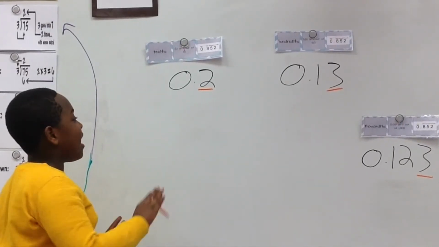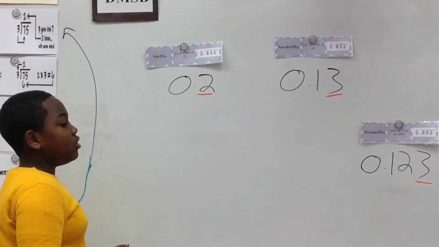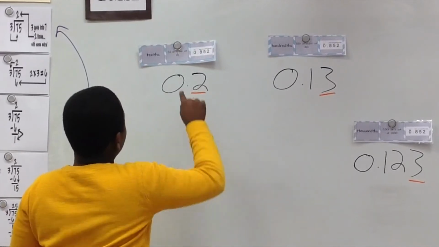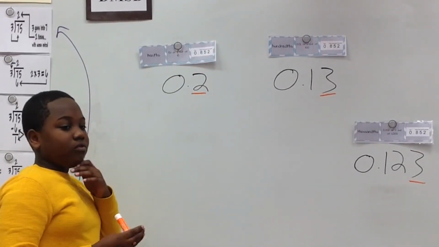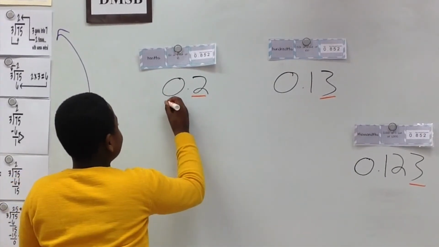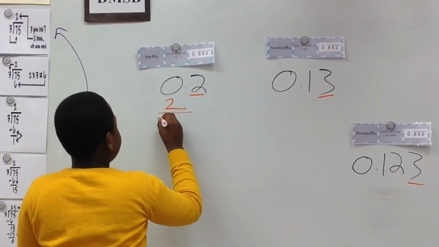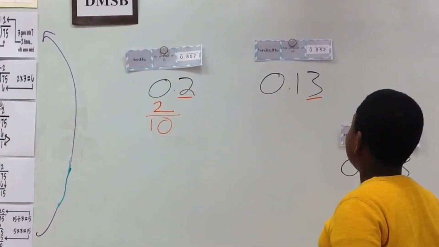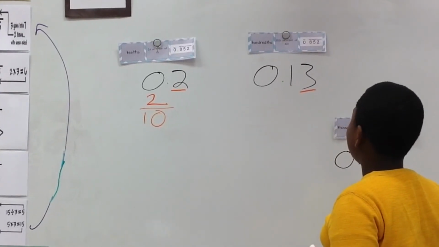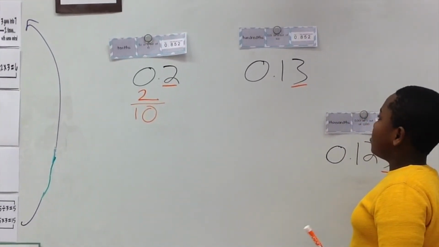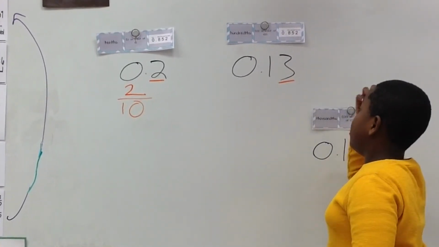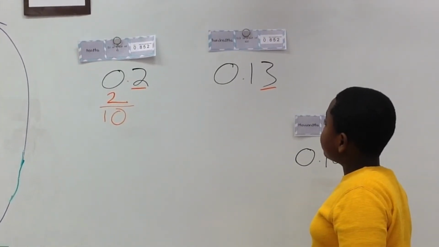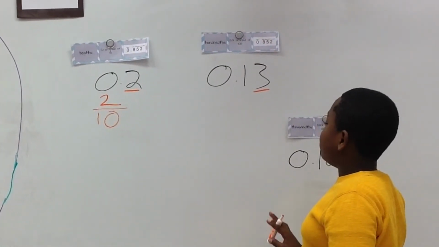Today we're going to work on 0.2. So the 2 is in the tens place. So I know 2 goes into 10. And that's why I also know that 2 goes out of 10. So the answer is going to be 2 out of 10. Then the next one, 0.13, and the 3 is in the hundredths place. So it goes out of 100.